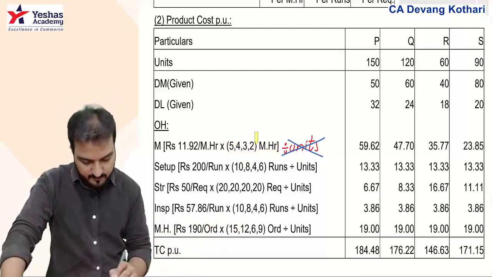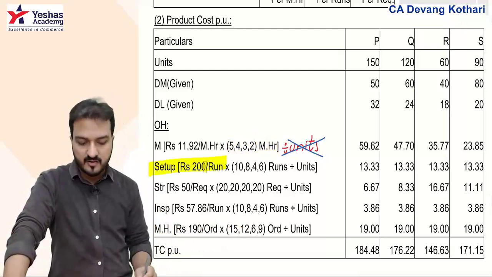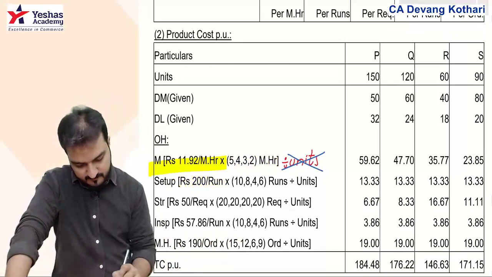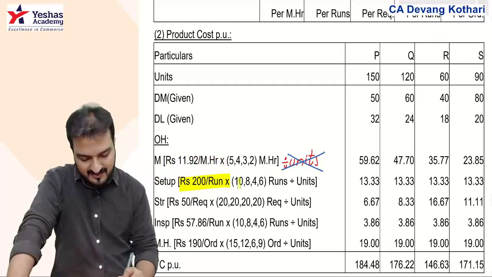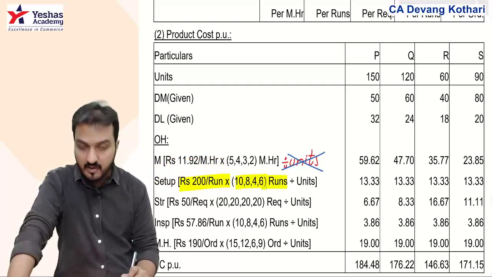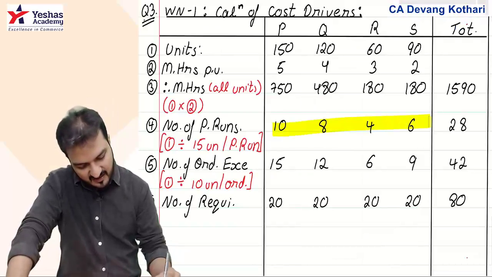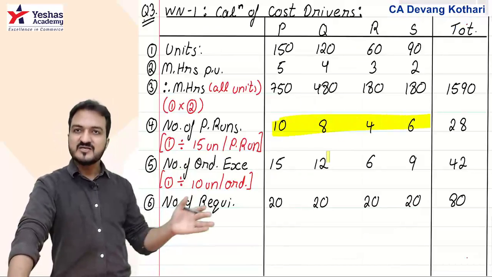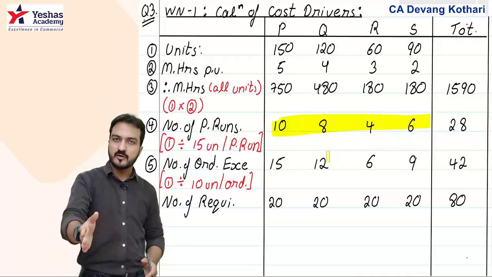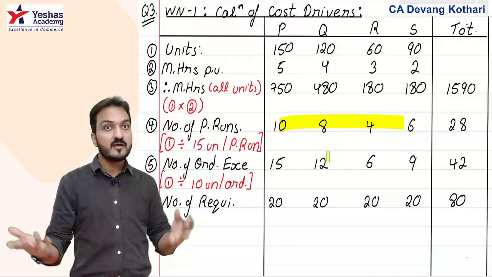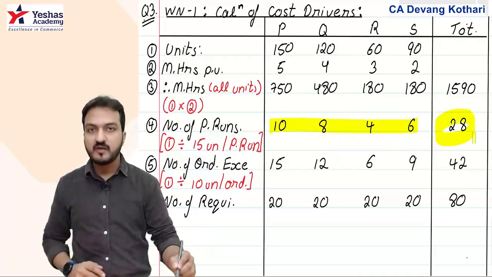But for setup cost, your rate is 200 per run multiplied by 10846 production runs. These production runs are not for 1 unit. They are for all units. That is why adding them up directly gave you the total.